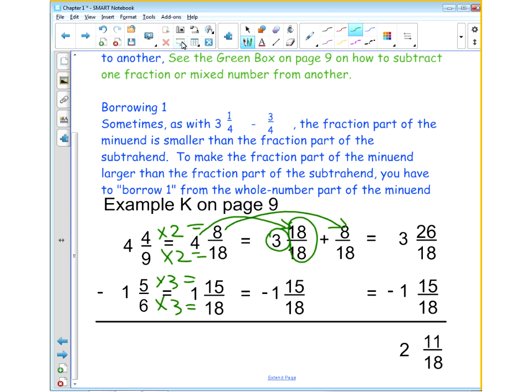It's still the same. So I add 8 and 18, and that gives me 26, and I still have my 3. So now I have 3 and 26/18. And so now I can subtract my 1 and 15/18 from that. And 15 from 26 gives me 11/18. And 3 minus 1 is 2. They're reduced down to the lowest terms, so we're good. That's our answer right there, 2 and 11/18.